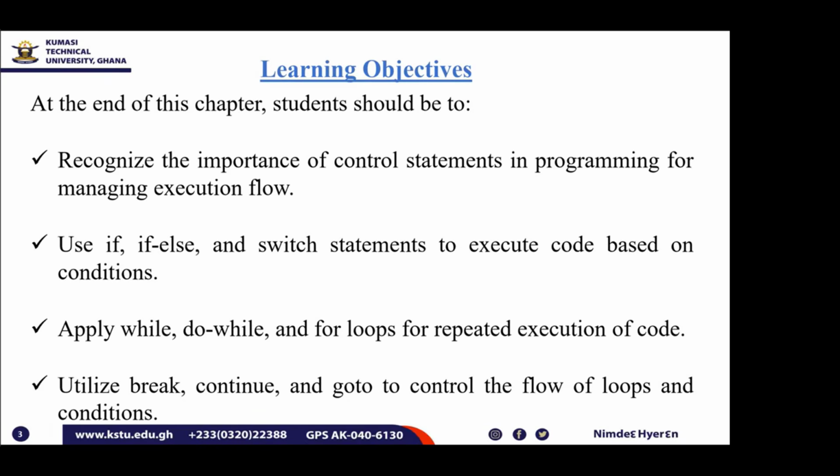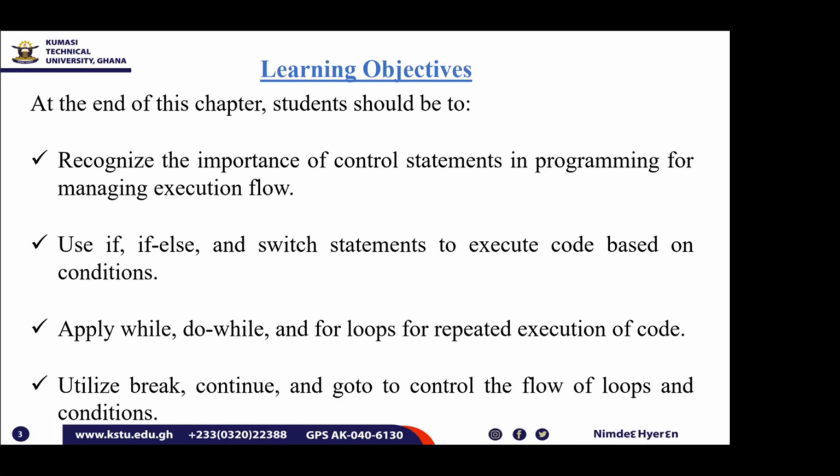So let's look at what we are going to be doing today. At the end of this particular chapter, even though control statements has a lot of subtopics, it is expected that by the time we are done with everything under control statements, you as a student will recognize the importance of control statements in programming. You would be able to know how to use the if else and switch statements to execute code based on some conditions.